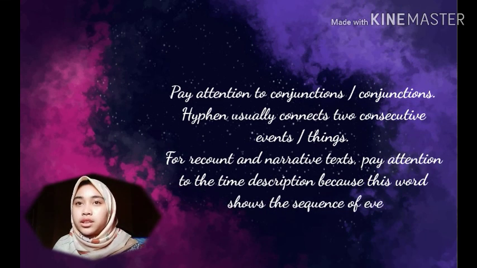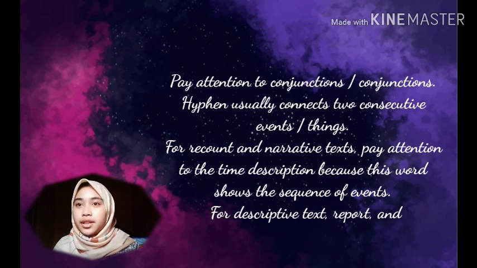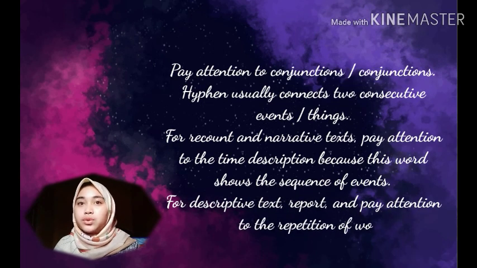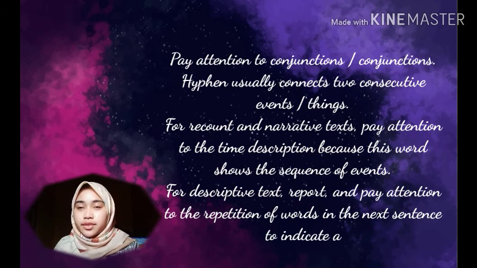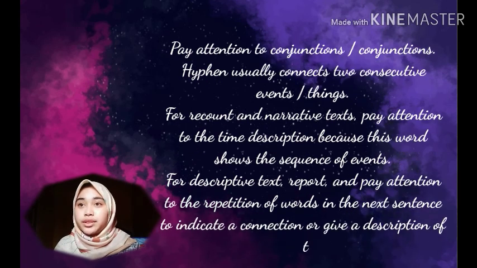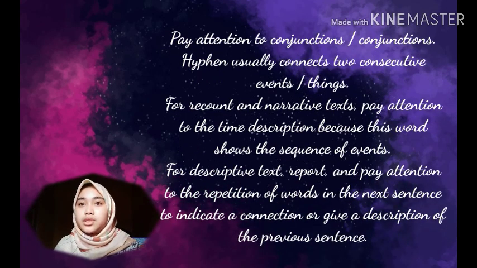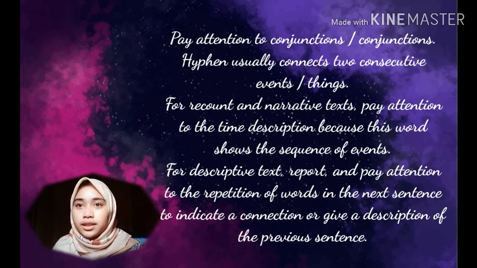For recount or narrative text, pay attention to the time descriptions because these words show the sequence of events. For description, look for the repetition of a word in the next sentence to indicate a continuation or a description of the previous sentence.